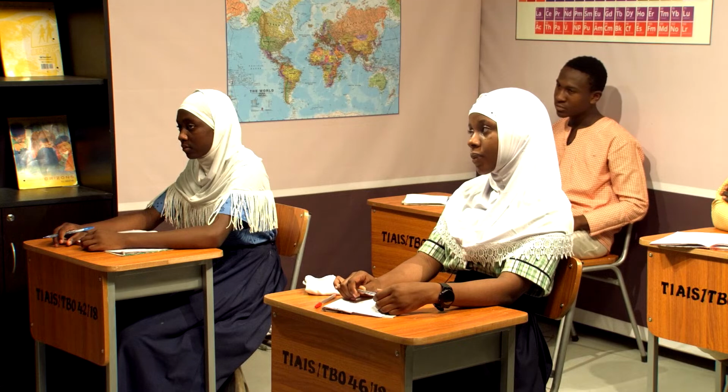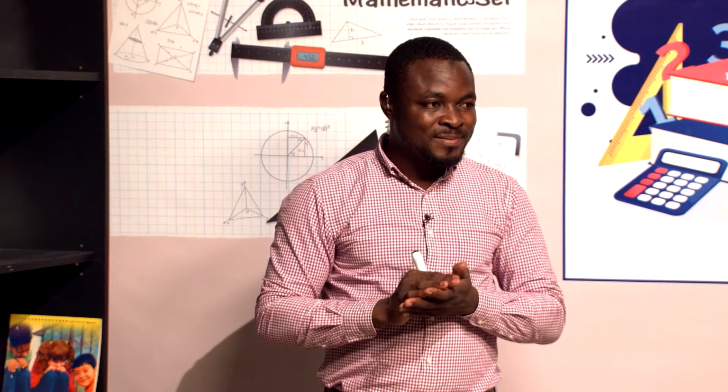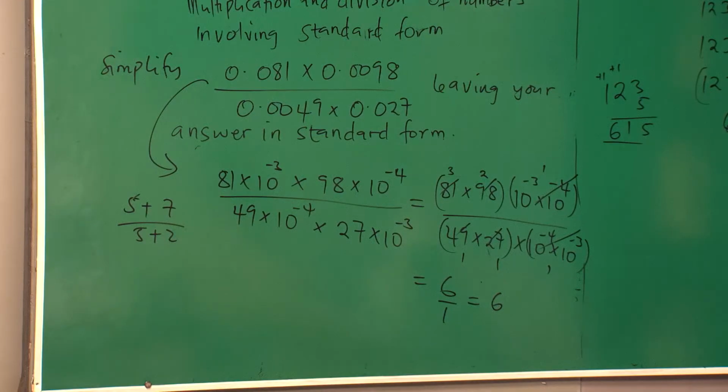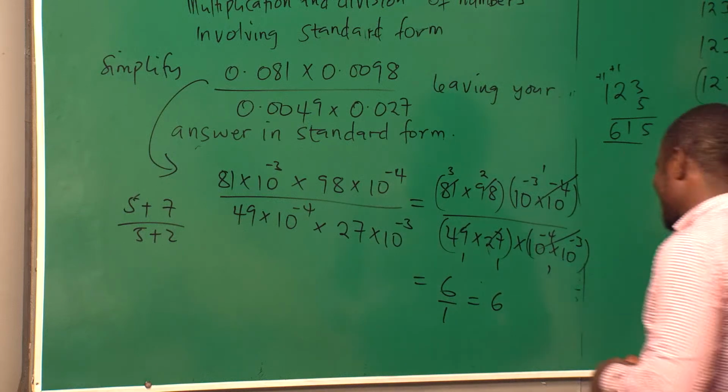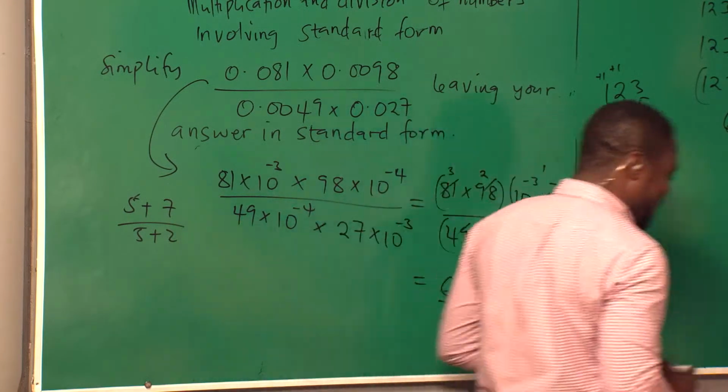The answer is 6. We want to leave it in standard form. What do we do? To be 0.6 times 10 exponent 1. Are you sure? Asifa, times 10 exponent what? No. 10 exponent 0.